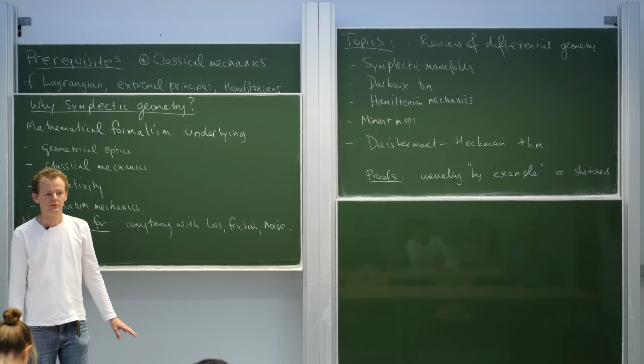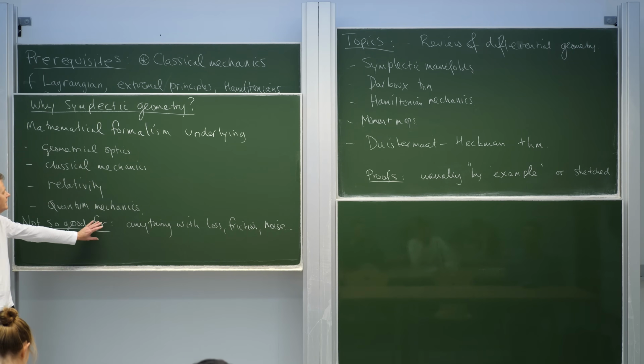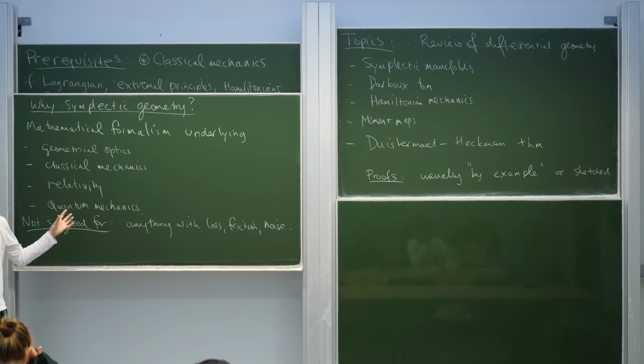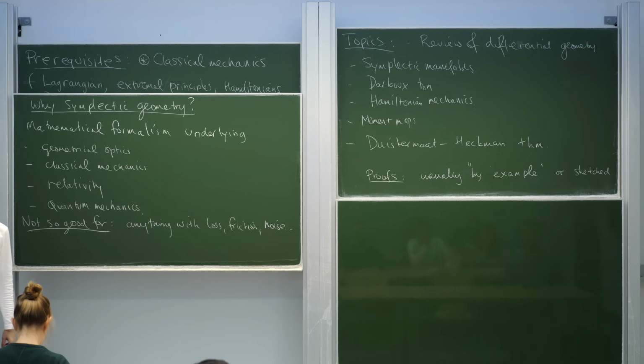So that doesn't mean it doesn't somehow live there, but it's just not as useful for these sorts of systems. So if you're interested in the physics of very noisy, very lossy systems with loads of friction, then probably symplectic geometry isn't the formalism you'll run to solve your problem. You'll go for a different way of setting up your problems.